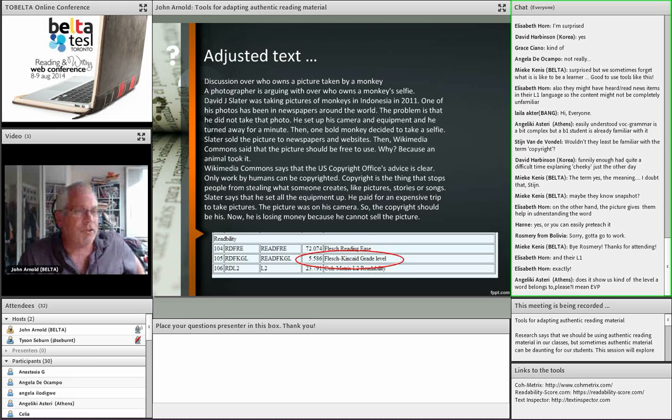So I changed the word debate to discussion, took out the name of the specific monkeys, replaced it with monkeys, put in some simple sentences, put in the past continuous, which was something that they would be learning. So did things like that, and then put all the proper nouns back in to get the text at the lower level. So those are some of the tools.